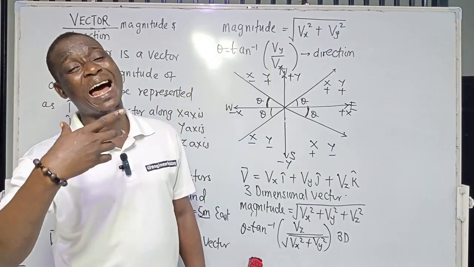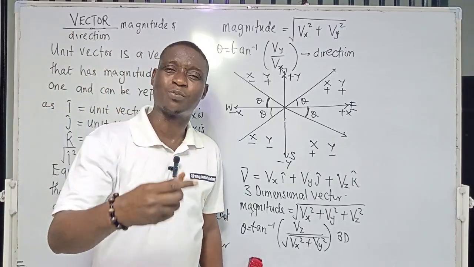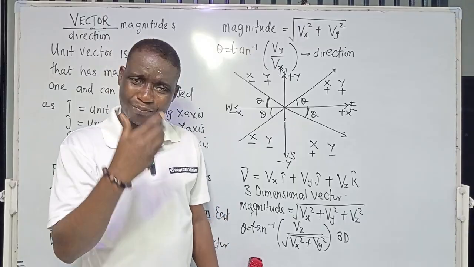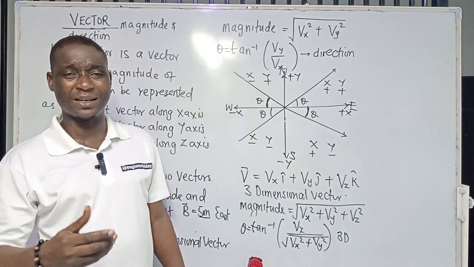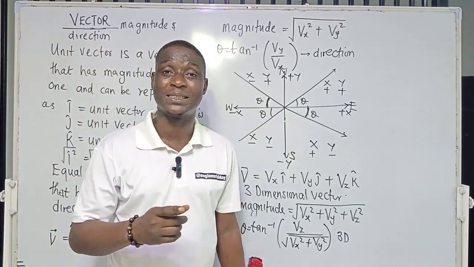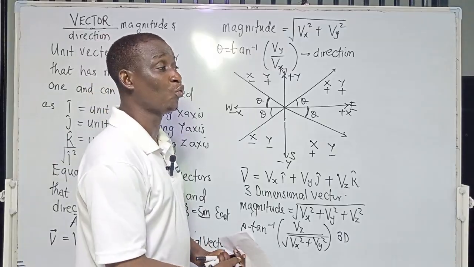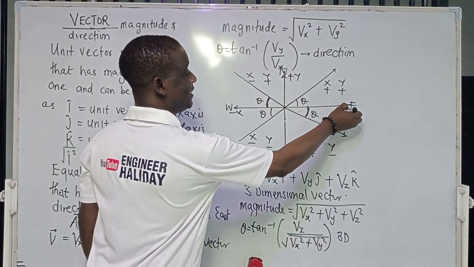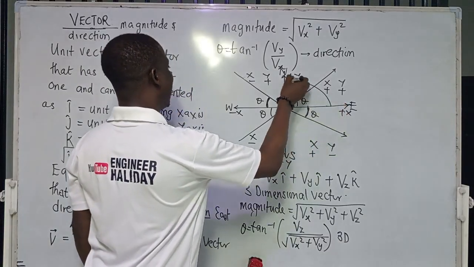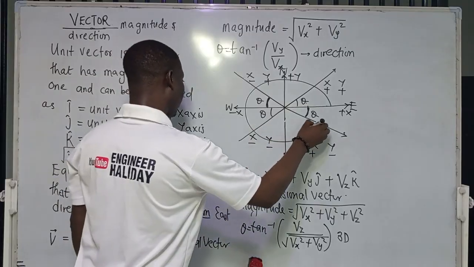Or it can be an angle that must have a reference point or reference line, and the angle must be measured from the reference line. And don't forget, it must be anti-clockwise. Now, all vector angles are basically measured from the positive x-axis, anti-clockwise. Please take note of that.